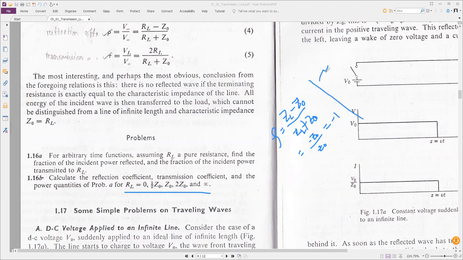For tau, it is 2ZL divided by ZL plus Z naught. So what would happen if ZL is equal to 0?